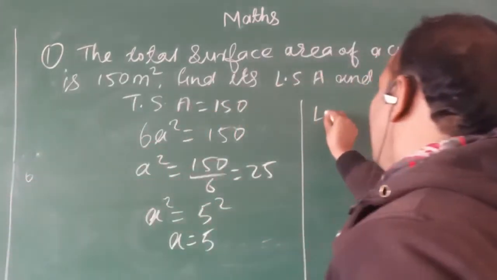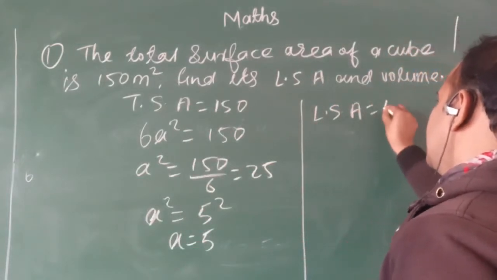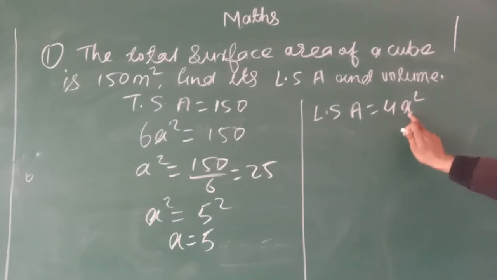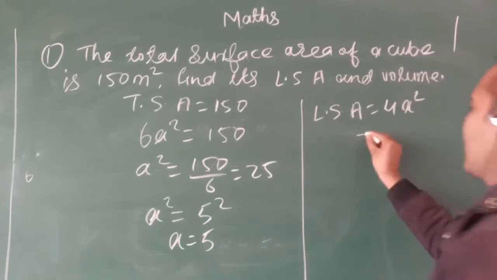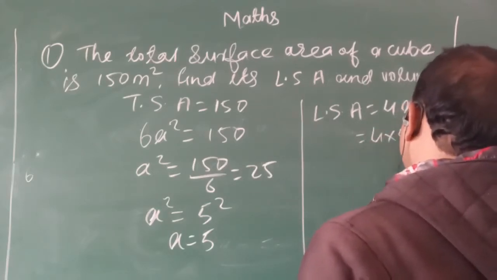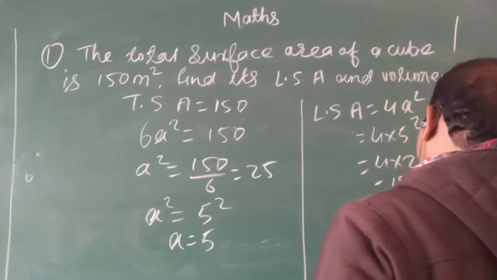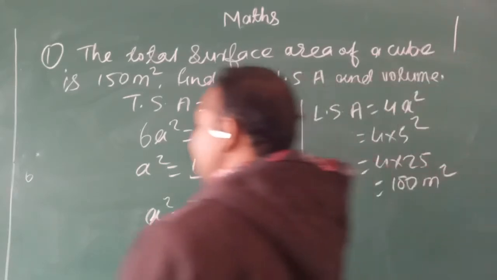Now one by one, lateral surface area is 4a square. Lateral surface area is nothing but the area of 4 faces, and each face of a cube is a square, and we know that area of a square is side square. That is 4 into 5 square, that is 4 into 25, that is 100 meters square.